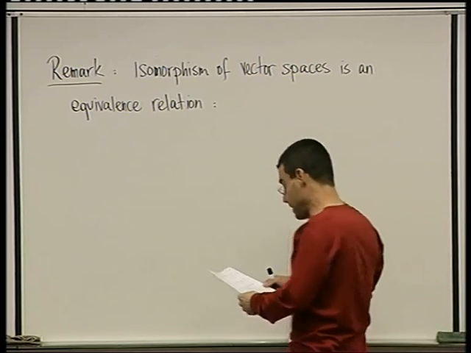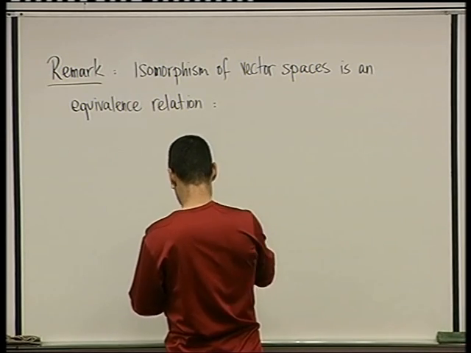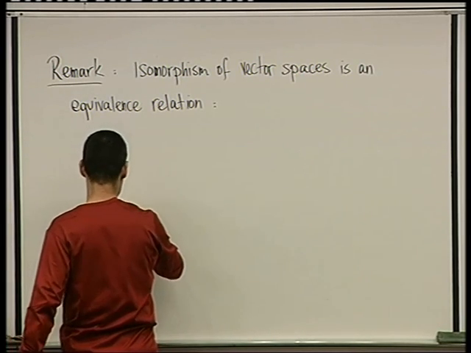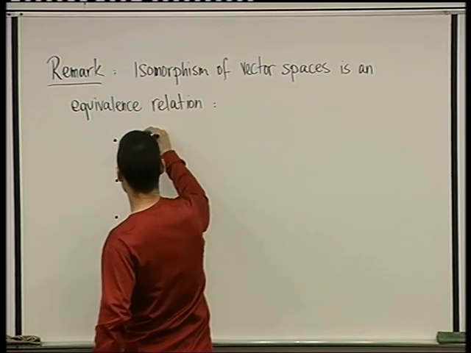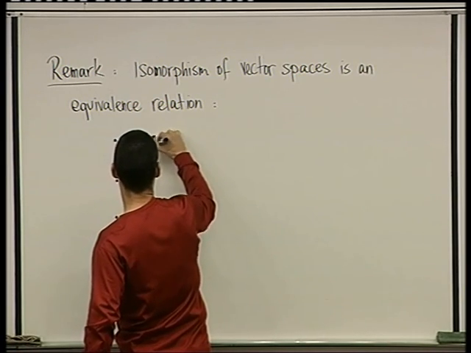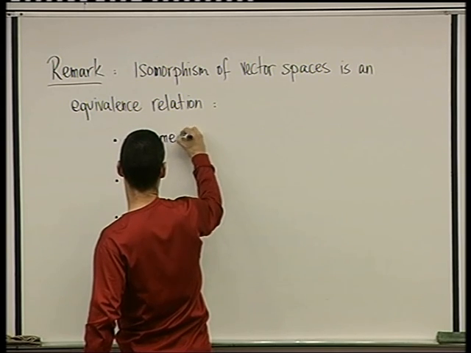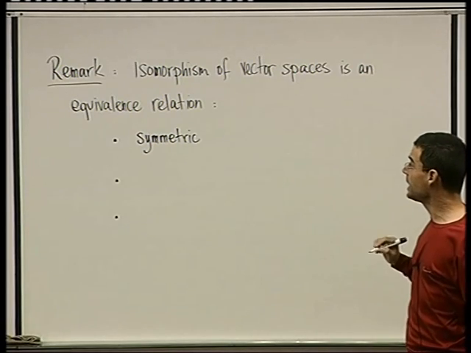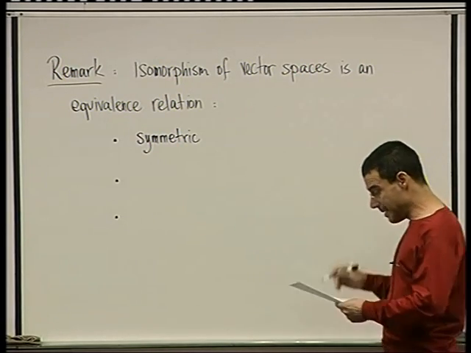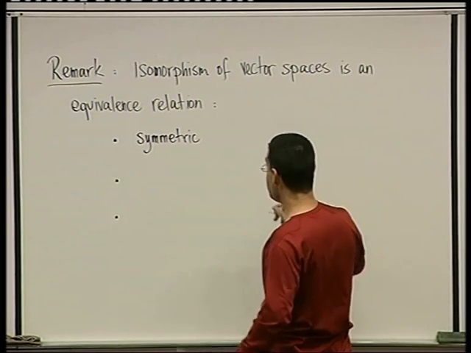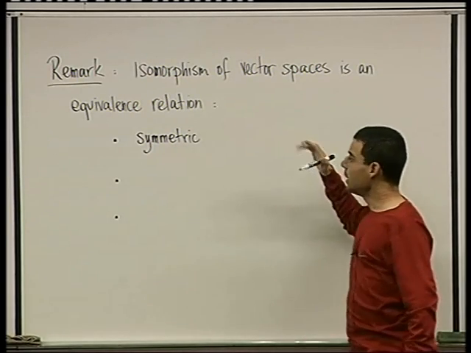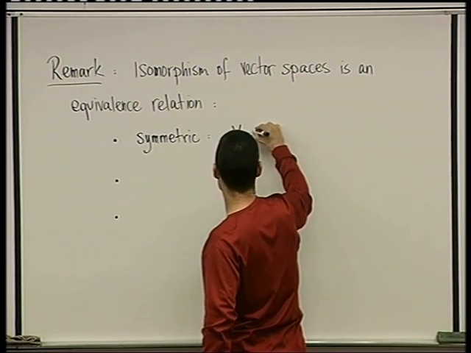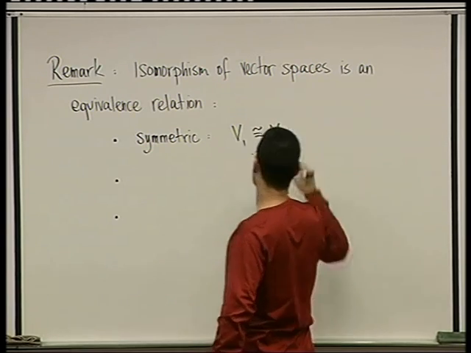Okay? And the properties are the following. An equivalence relation is made up of 3 properties. Okay? One is symmetric. There's a double M in symmetric, right? So one is that it has to be symmetric. And what symmetric means is that suppose you have V1 isomorphic to V2.